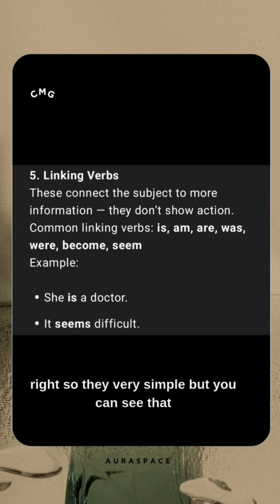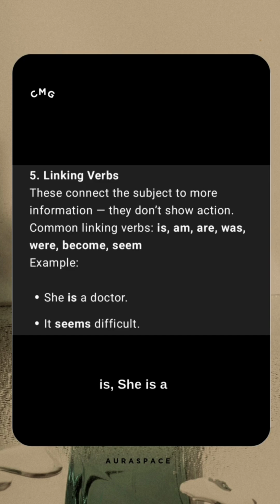They are very simple, but you can see that some are subsets of the others. An example is: she is a doctor. Is here is the linking verb. The second one is: it seems difficult. It's as simple as that.